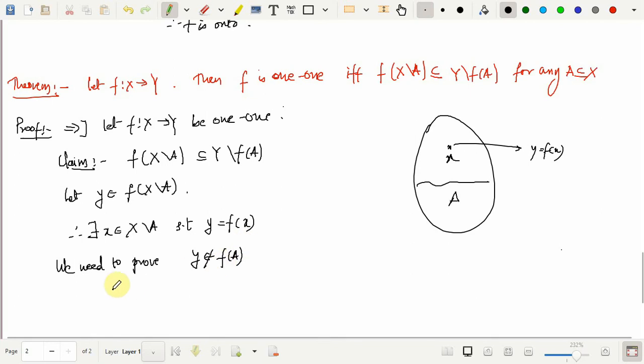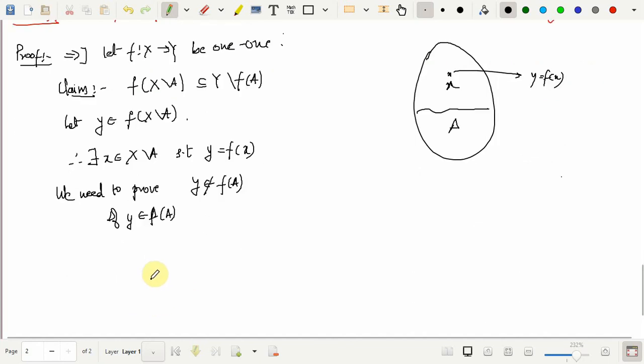So what will happen if y belongs to f of A? Then there exists x in A such that y is equal to f of x.